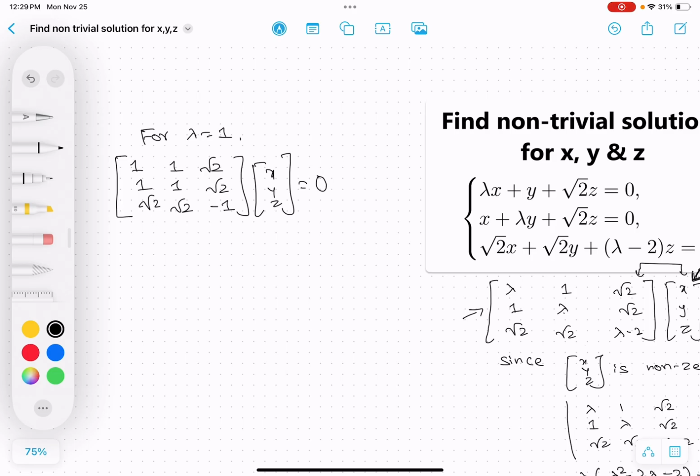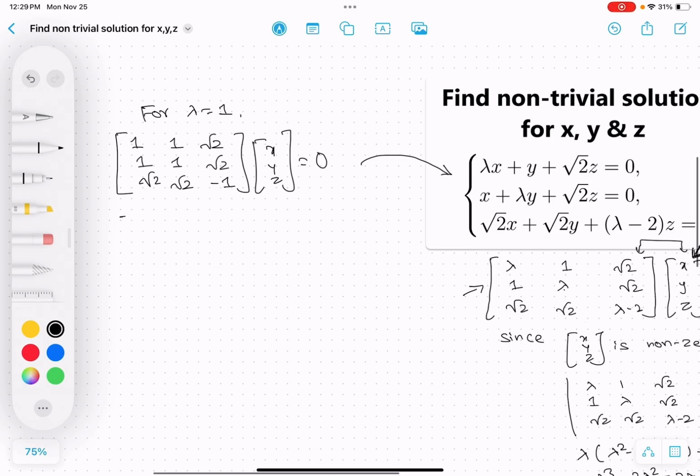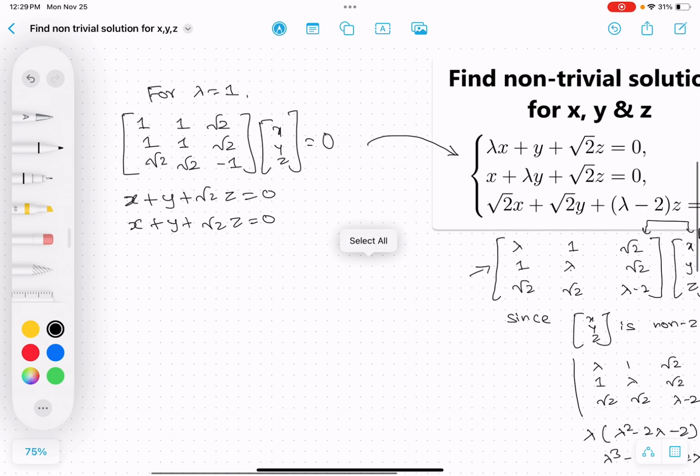If you see this matrix in this form, you know that this is just x plus y plus root 2 z equals 0. Let me just show you. In the previous approach, this is again x plus y plus root 2 z, and root 2x plus root 2y minus z equals 0, right?